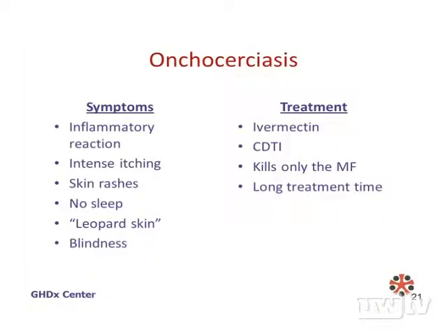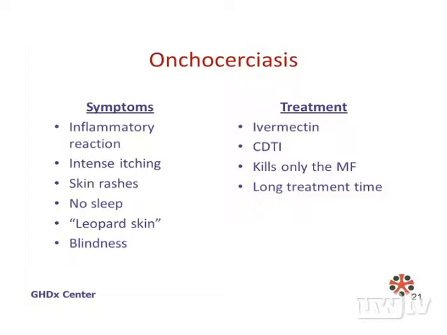So why is it such a problem? Well, when you get infected by the worm, a lot of the symptoms revolve around the inflammatory response to the infection. So you get intense itching, you get skin rashes, and there are people who say that the itching is so intense that they can't actually sleep.